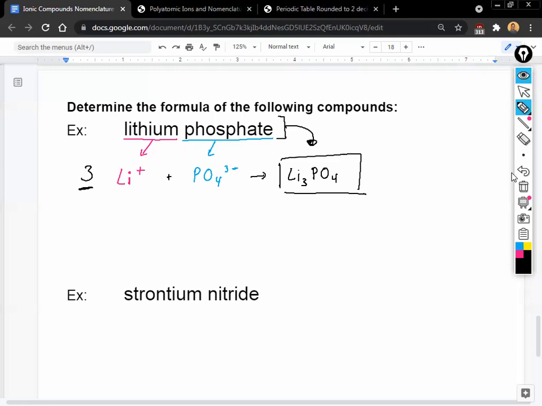So the polyatomic, but you don't change one all the time. Polyatomic always. It's a tricky case.